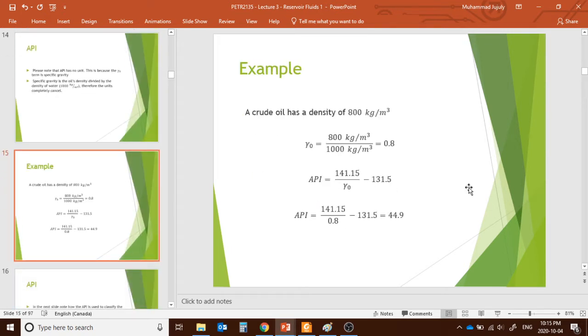For instance, if we have a crude oil density of 800 kg per cubic meter, then the specific gravity of that crude oil would be 0.8. Some crude oil could be 0.81, some 0.8115. Dealing with these small numbers would be very tough, so that's why API developed this scale to make a broad spectrum, and this really works pretty well.